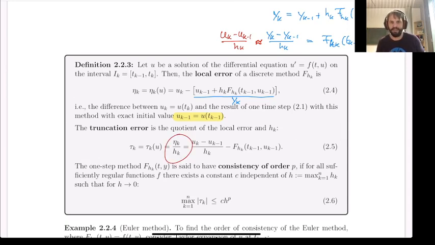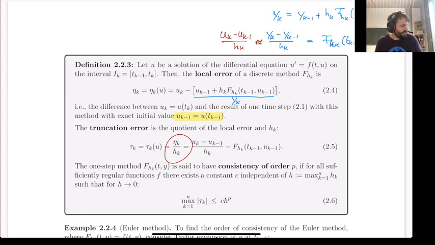So bear that in mind. That's why it's called truncation error: it's the error about how much I truncate a Taylor expansion of my equation. I don't know why people call it truncation error, but I guess that's how you can think of it.